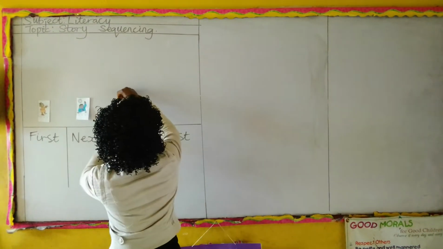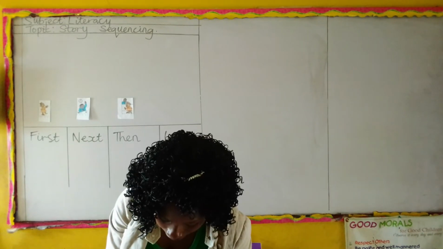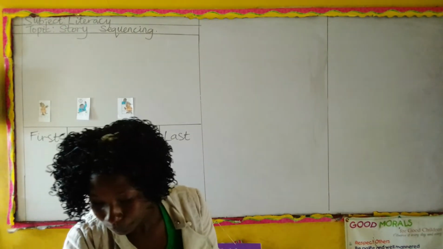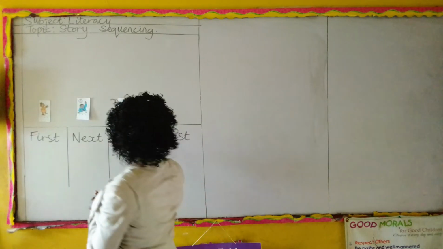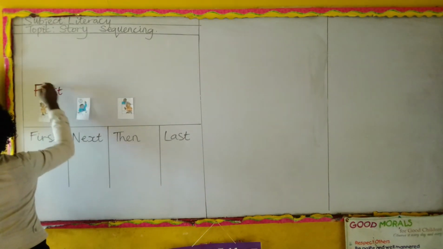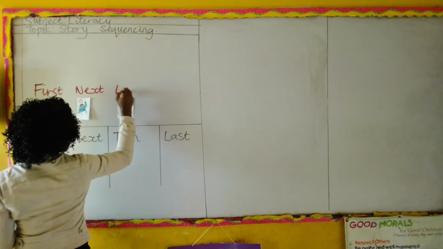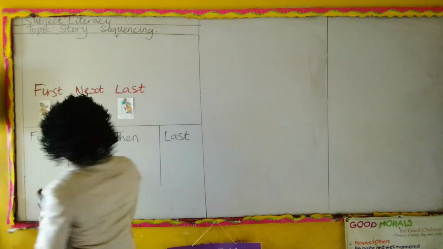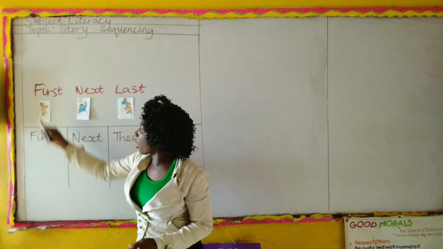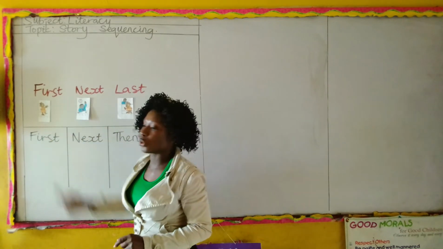Okay, so for this now, because we have just three sequences there, that is first, next, and last. Can you see that? The girl is coming out and then she's saying, cobbler, cobbler, mend my shoe.